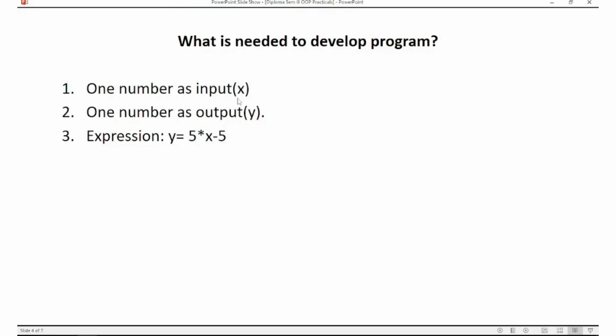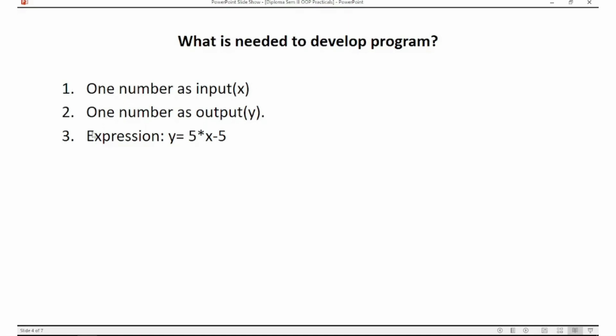Let's consider it as x. And to generate output we need one more number. So the second part is one number as output. Let's consider it as y. So we need 2 numbers x and y. These are the variables for your program, so you have to declare 2 variables, one number as x, one number as y.